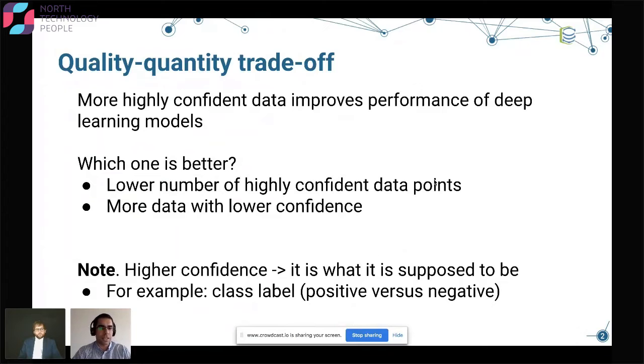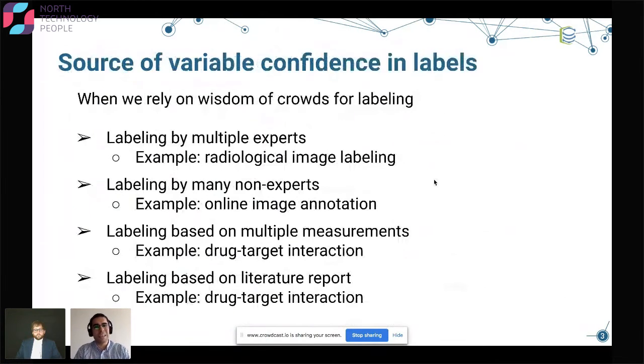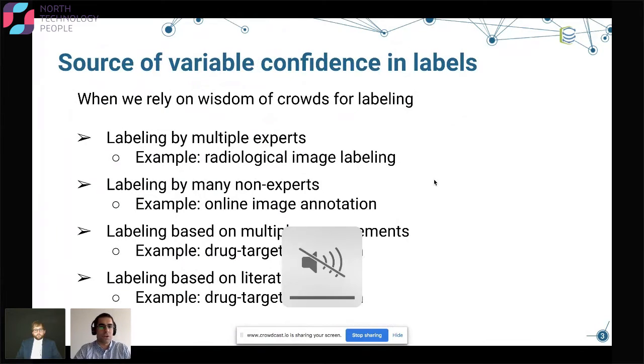But the question that happens, similar to many other aspects of machine learning, is the trade-off between choosing high quality and high quantity. Here let's define what we mean by confidence and quality. We are talking about label confidence, and it could result from many sources.